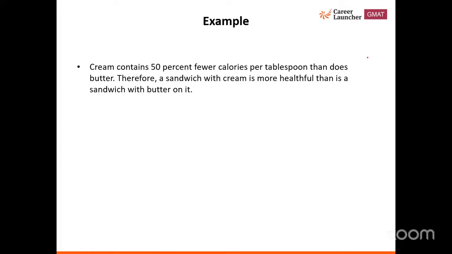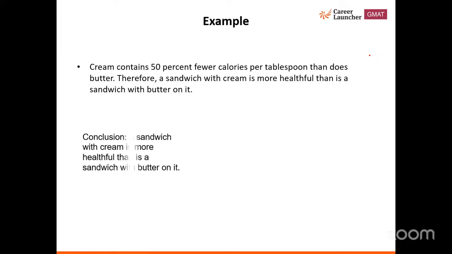All right, everyone, what do you think seems to be the conclusion here? All right, so here, clearly the conclusion seems to be that a sandwich with cream is more helpful than a sandwich with butter on it.